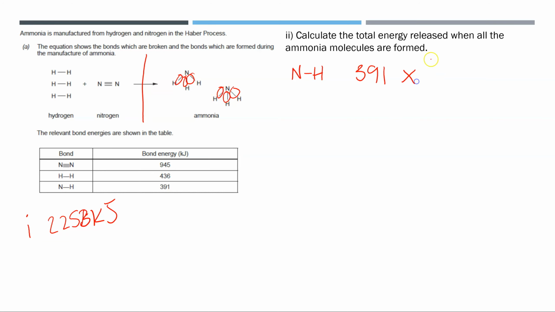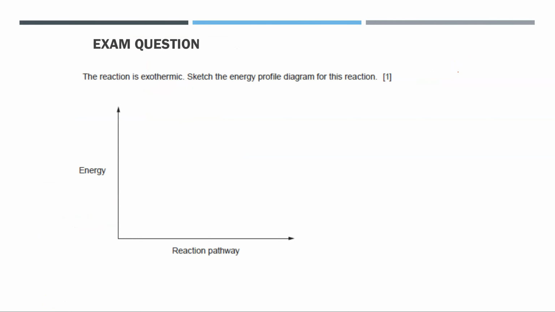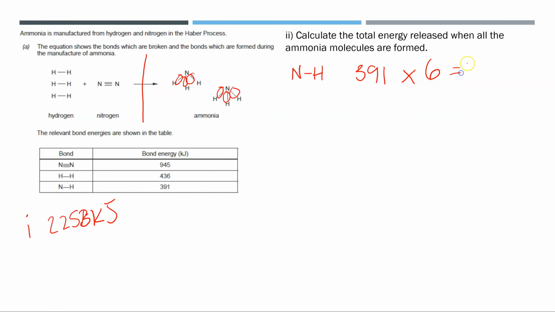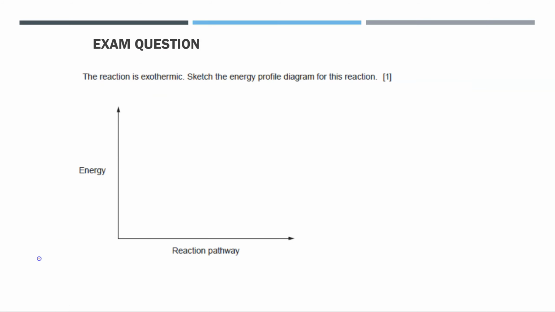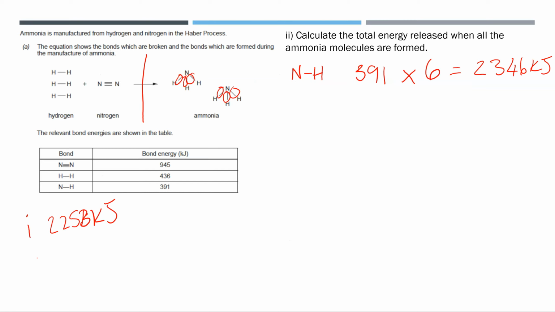So we need to times this by 6, which gives us a total of 2346 kilojoules. I'm just going to make a note of that here.